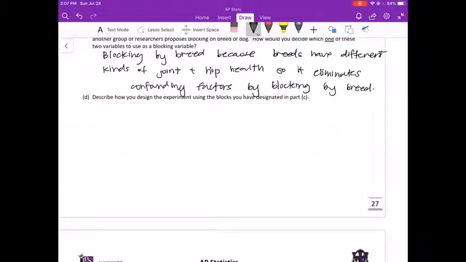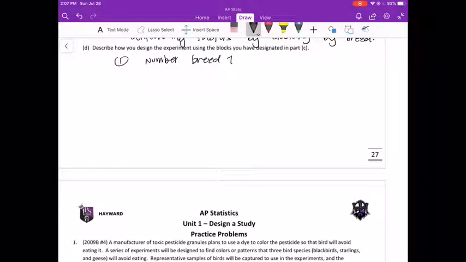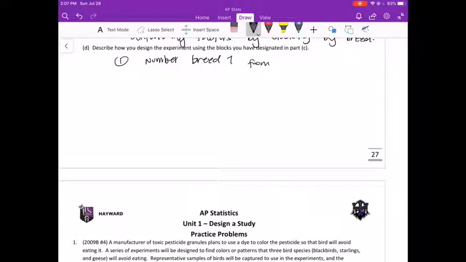Describe how you would design the experiment using the blocks you have designated in part C. Okay, so one is number breed 1 to n.